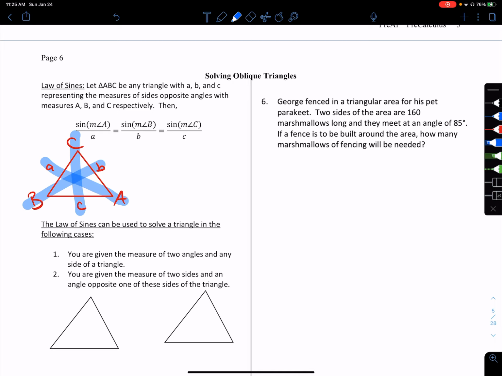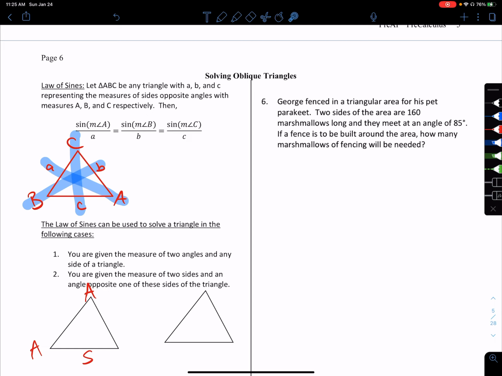When can you use law of sines? If you're given the measure of two angles and any side of the triangle. So if you know an angle, and then any other side. The reason it doesn't matter which side is because if you know two angles, you could always find the third. So any side you're given is going to be relative to any of those angles.